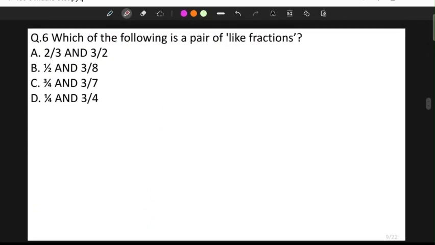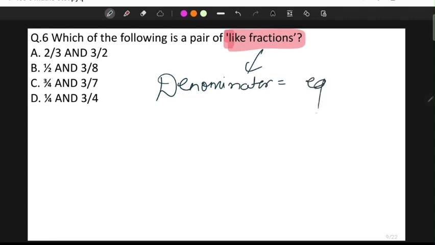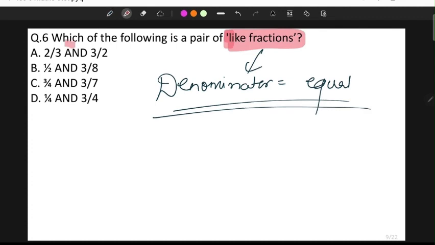Which of the following is a pair of like fractions? Now we know what like fractions are. Like fractions means that the denominators of the given fractions should be equal. In option 1, the denominator is 3 for one fraction and 2 for the other, so this is an unlike fraction.